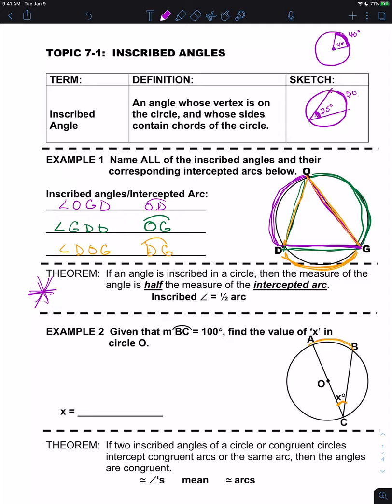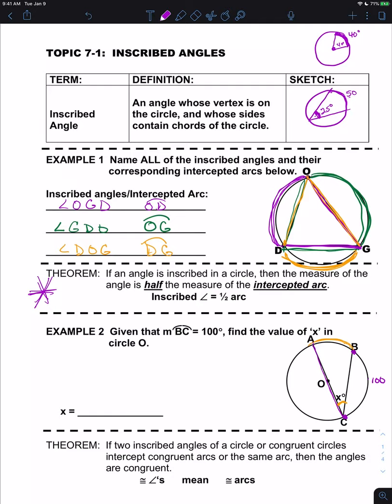This says, given that BC is 100 degrees, so from B to C is 100 degrees. We notice this is the diameter, and anytime we have a diameter, remember that's 1/2 of your circle, so that's 180 degrees on that side.